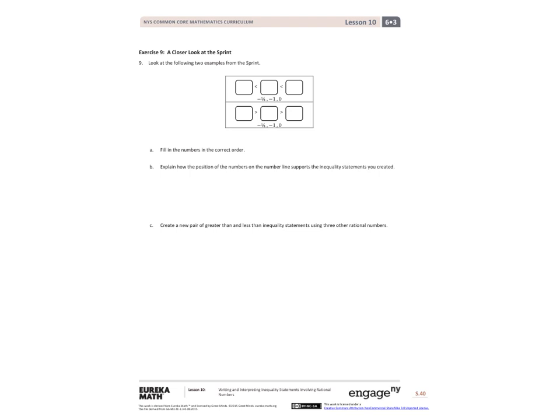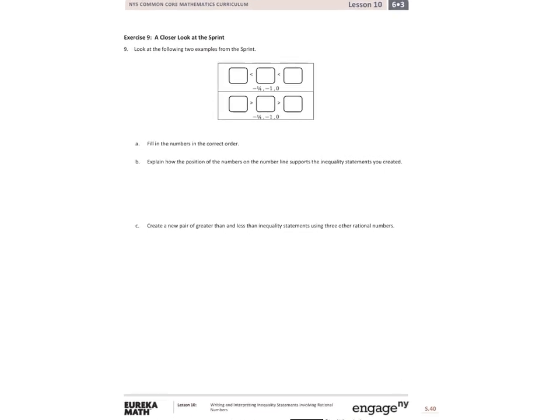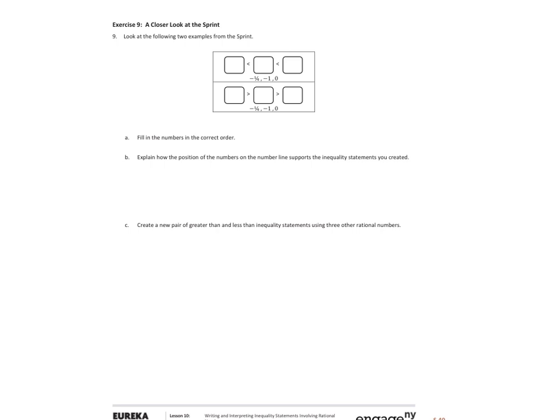But I'm on problem 9. And it says, look at the following 2 examples from the sprint. So that's what you did right before you started this lesson 10. You did the sprint. Fill in the numbers in the correct order. Well, I know that if I have my number line, and here's my 0, and then I've got -1/4, and then here comes my -1.